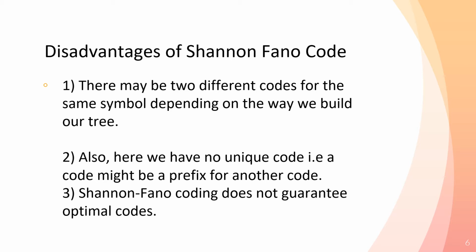Also, we have no unique code. That is, a code might be a prefix for another code. Hence, it does not obey the uniquely decodable property, and Shannon-Fano coding does not guarantee optimal codes. So, in order to overcome these drawbacks, we are going to learn about the Huffman coding technique.